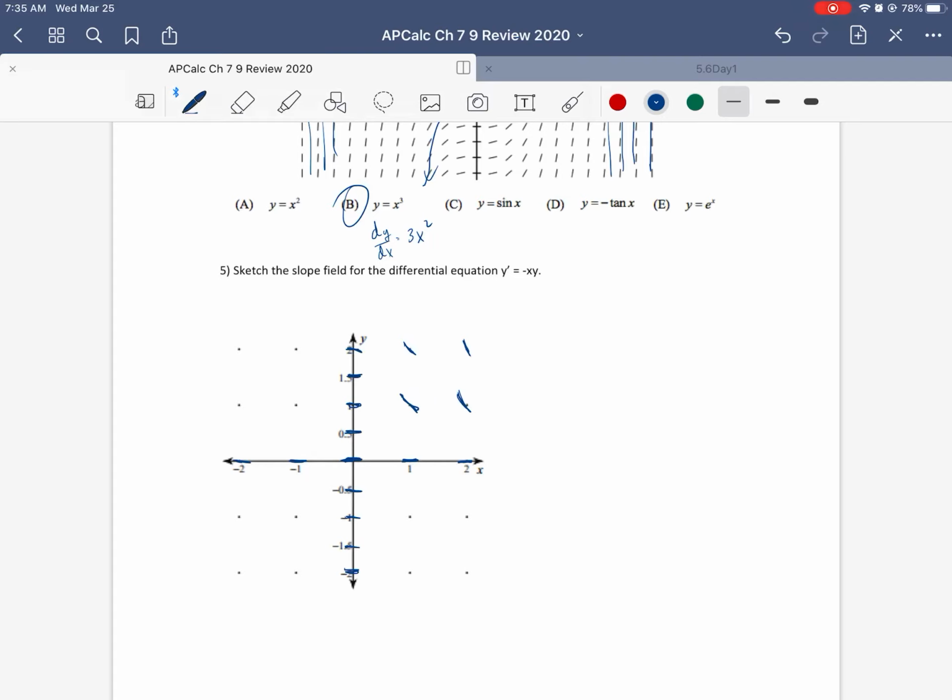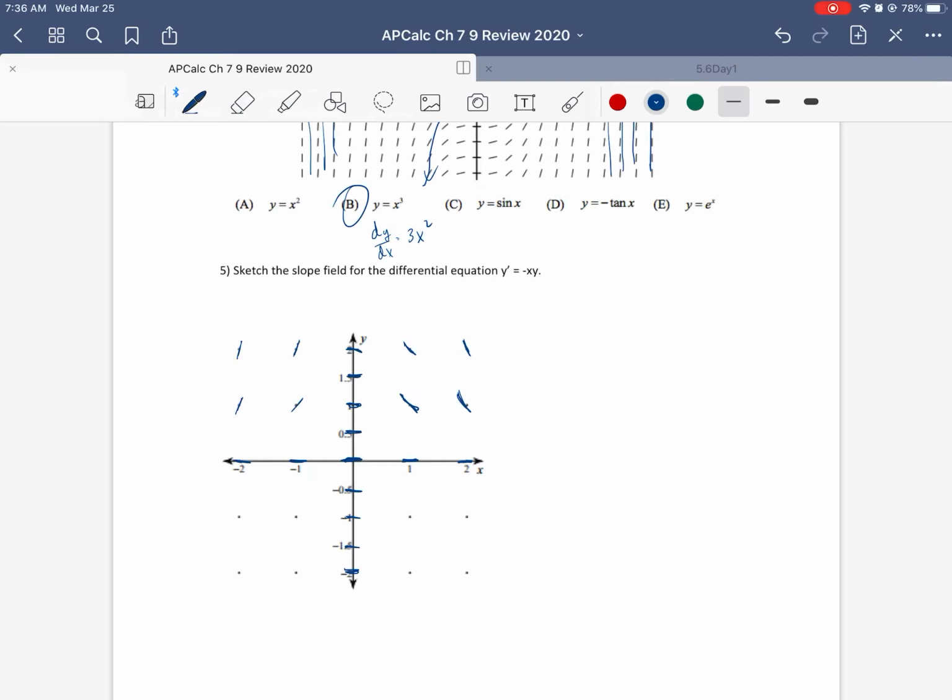Second quadrant. Now the x is negative and the y is still positive, which means my slopes are going to be positive. So negative 1, 1 would be a positive 1. Negative 1, 2 would be a positive 2. Negative 2, 1 would be a positive 2, and a positive 4. Down here, in the third quadrant, both are negative.